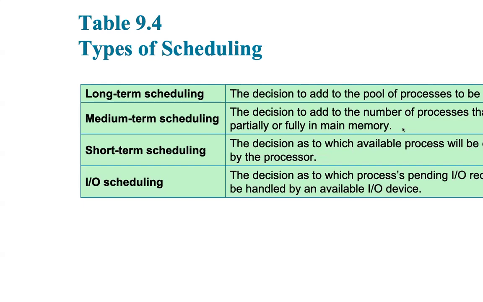Which one is going to load first? Maybe you don't have enough room for a big one, but you could fit a medium one. And then finally, short-term scheduling. This is the decision as to which available process will be executed by the processor. And then I/O scheduling, the decision as to which process's pending I/O request shall be handled by an available I/O device.